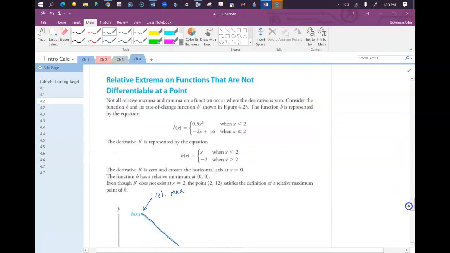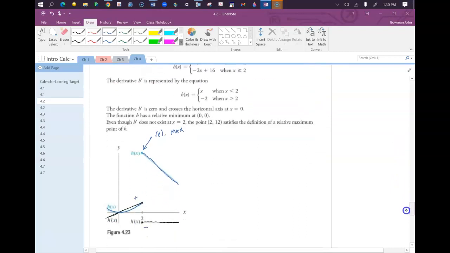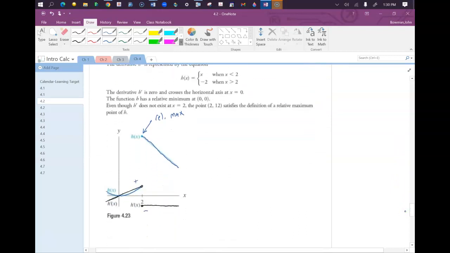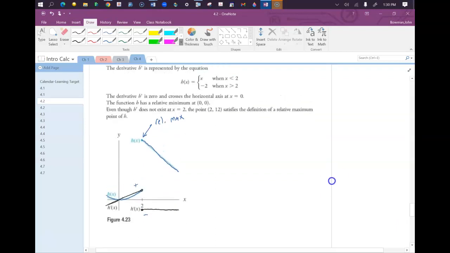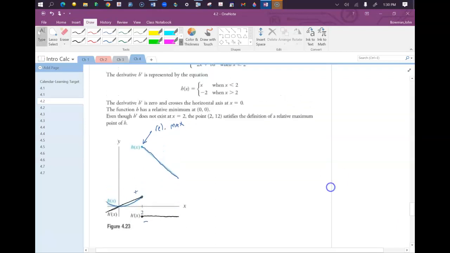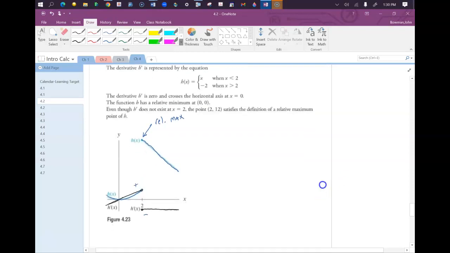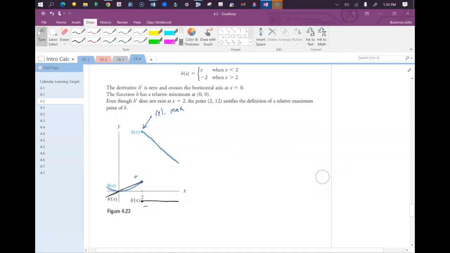In this case, h prime goes positive to negative, but the first derivative test doesn't apply. So we have to be careful about using the first derivative test because it doesn't always apply.